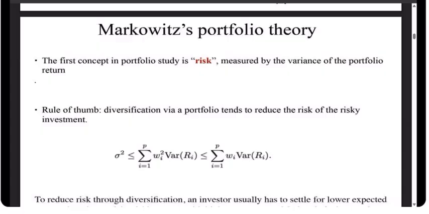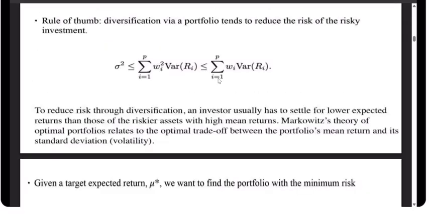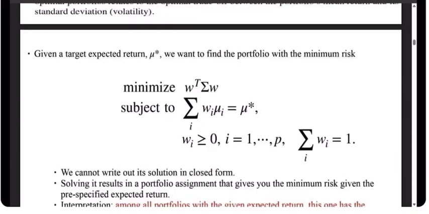We always want to reduce our risk. This is the rule of thumb. The equation here is saying that after applying Markowitz optimization, the variance of the risk will be smaller than the variance of the individual risk associated with the assets.